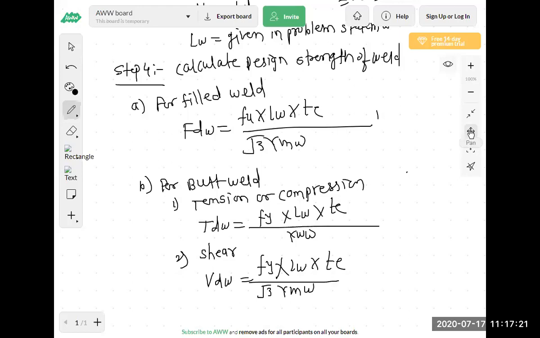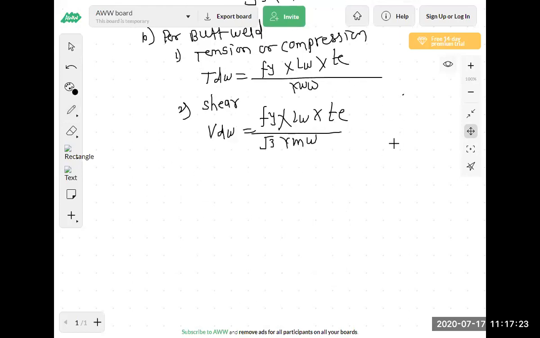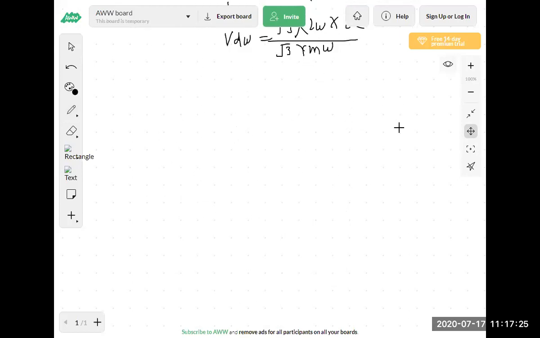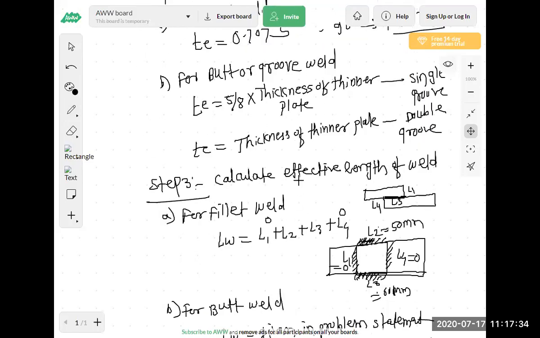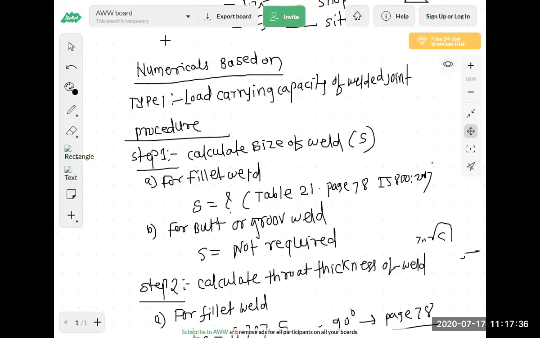Now we move towards the next. This is the procedure under type 1, that is the load carrying capacity. For solving numericals on welded joints, we have seen type 1, the load carrying capacity of the welded joints.